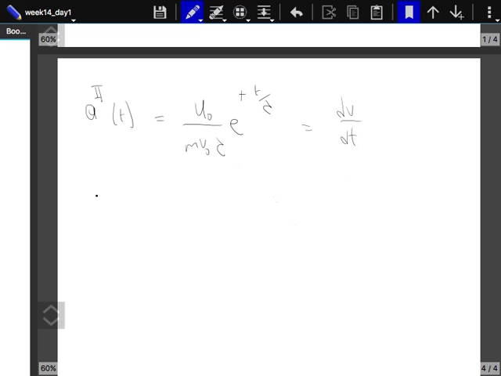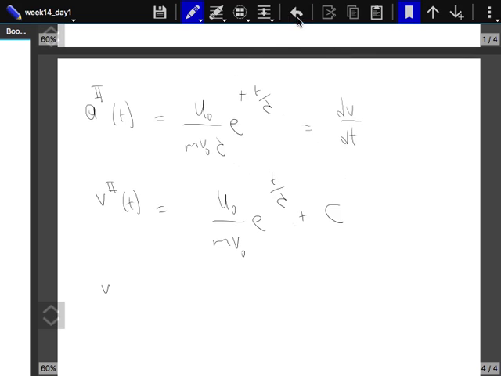So if you just integrate this, velocity in region 2 as a function of time t is just u0 over m v0 times e to the power t over tau plus some constant c. This is the velocity in region 2.